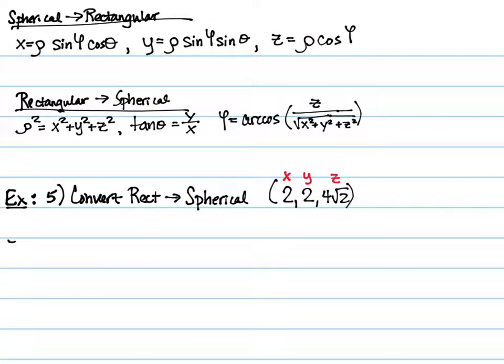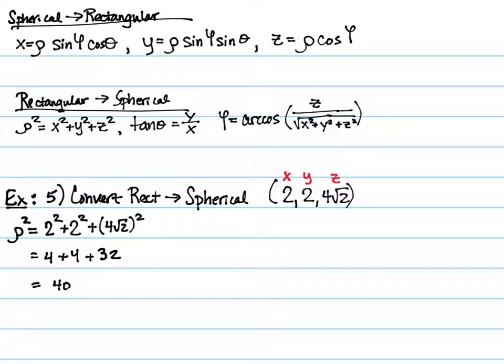Let's start with rho. Well, rho squared is equal to x squared, so that's 2 squared, plus y squared, another 2 squared, and z squared, which is 4 square root of 2 squared. So these are, of course, 4. What is 4 square root of 2 squared? 32. If we add all these pieces together, we get 40.